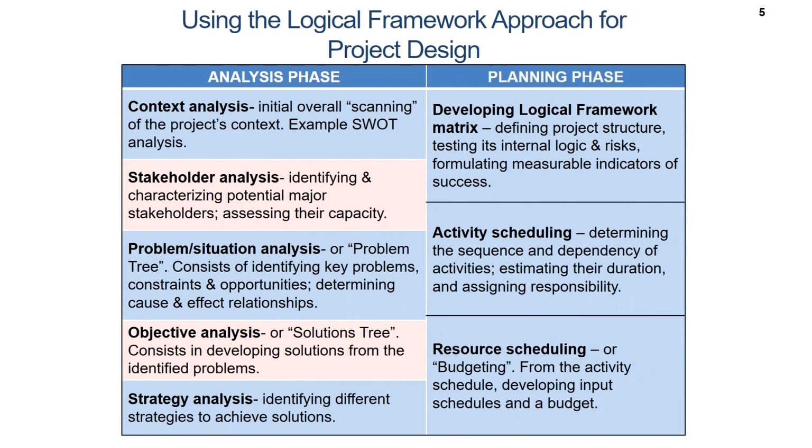Objective analysis is also called the solutions tree, which consists in developing solutions from the identified problems, and then you have strategy analysis, which helps us in identifying different strategies to achieve solutions. In the planning phase, we develop a log frame matrix, also referred to as the logical framework matrix, and here we are defining the project structure, testing its internal logic and risks, and formulating measurable indicators of success.